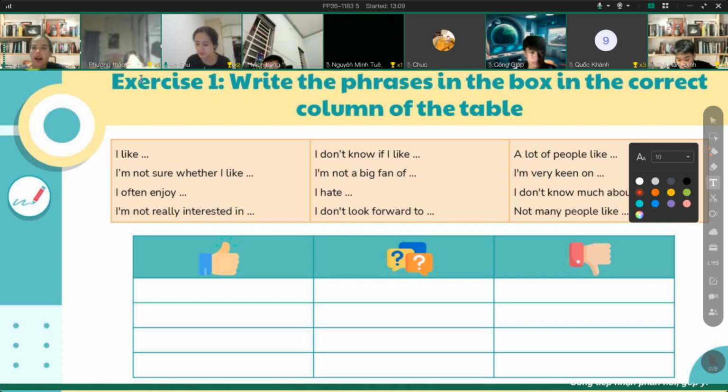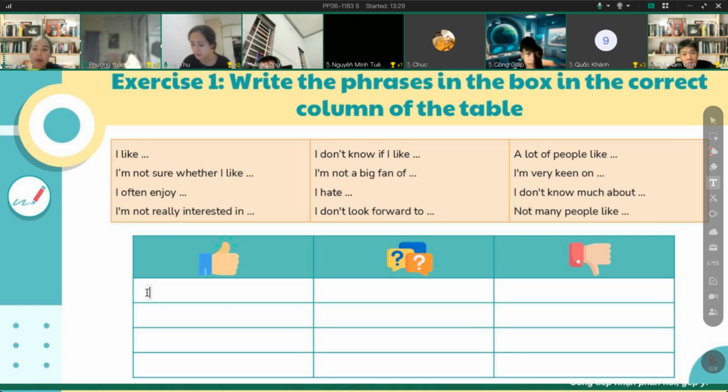Okay. Carl, will you please tell me where did you put the first phrase, I like? Sorry, say again. I'm very keen on. Is that what you put here? Was that the right place?